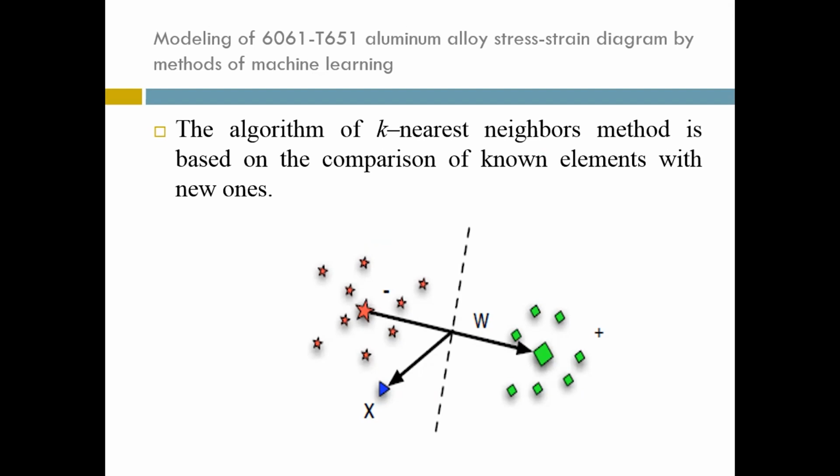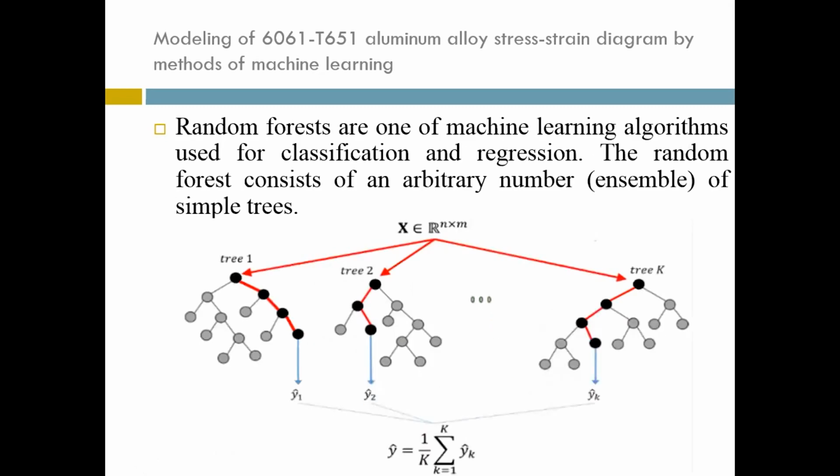It is clear that in this case the method will predict the query point as minus, because these elements you see are near the query point. When we have regression problems, the result for the query point is supposed to be the average of the results of its k-nearest neighbors. Another method of machine learning is random forest.